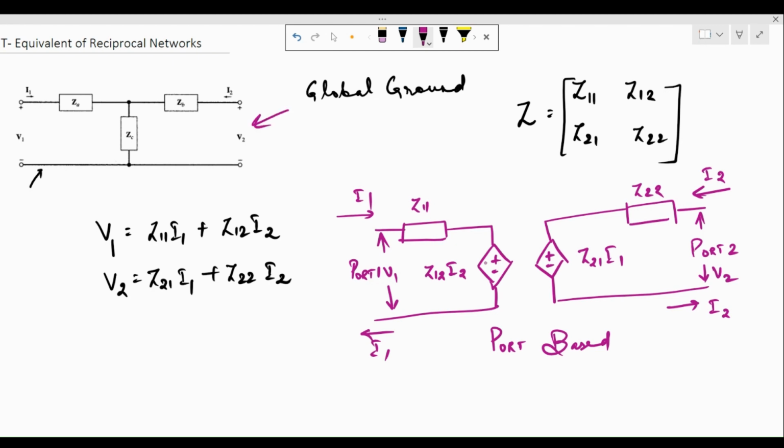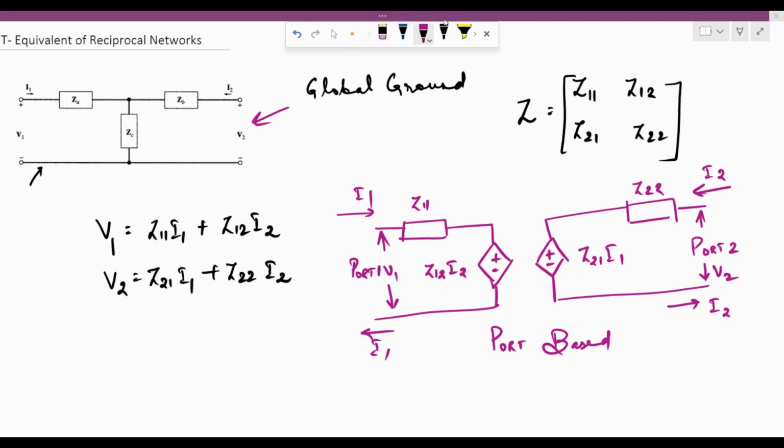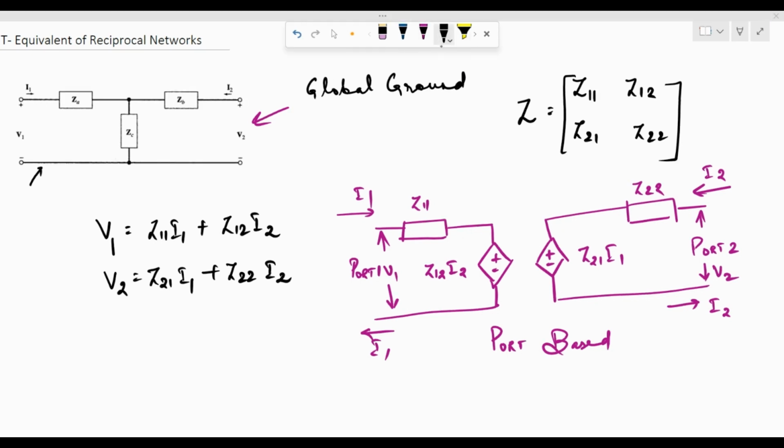The T equivalent for a particular network can be obtained only if that network is a reciprocal network. The condition for reciprocity in terms of the Z parameters is that Z12 should be equal to Z21. When this condition is satisfied, we can say that the circuit is a reciprocal network.